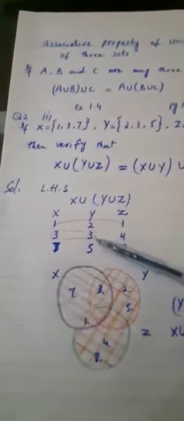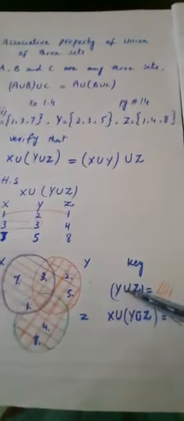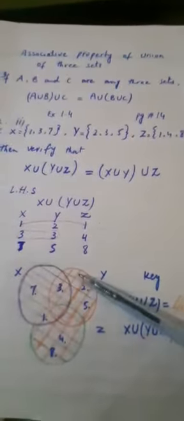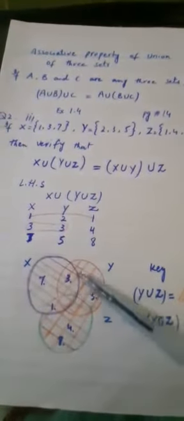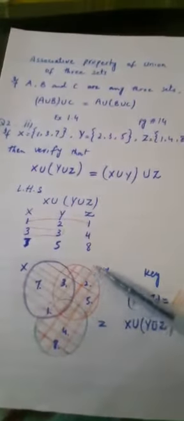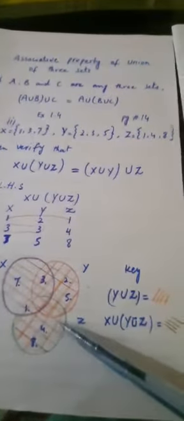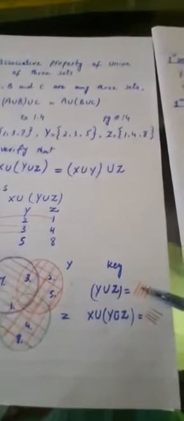And for the previous part, the left hand side, I made a key for you. When you find Y union Z, you have to color, children, the Y and Z sets fully. These two circles must be fully shaded or colored, and show this by this color.